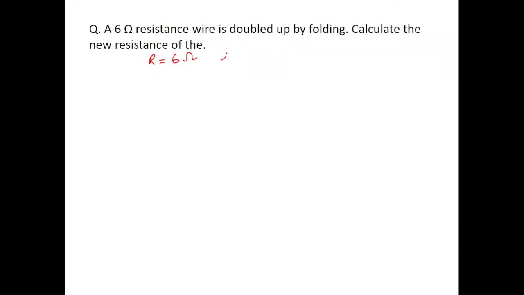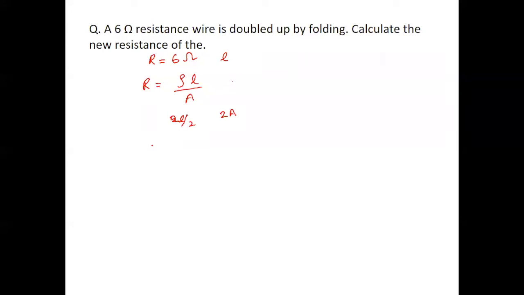And you consider the length is L. Okay, so we know that resistance equals rho L by A. Now the wire is doubled and length will be half. So in the second case, length is half and area is double, 2A.